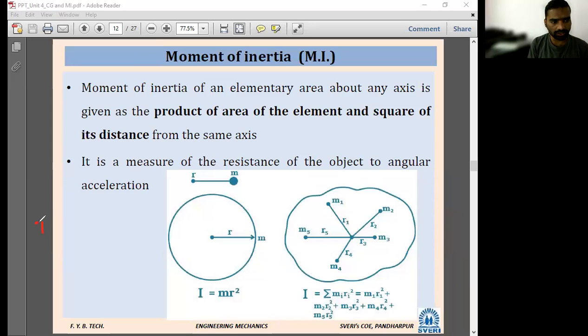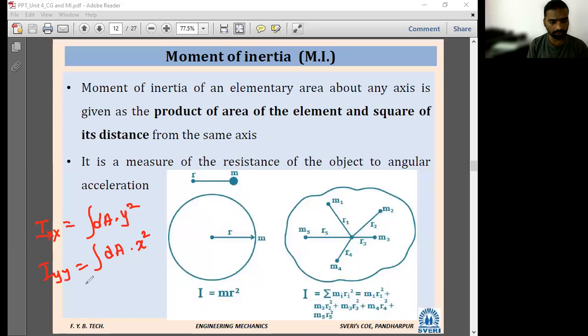Moment of inertia about xx, Ixx, is equal to integration of... if it is only one element of area, A into h square, I have written. If there are multiple areas, then integration of all the areas, integration of dA into, with respect to y, I have to take y square. If you take moment of inertia about the y axis, then integration of area dA into x square we have to take. These two are formulas.